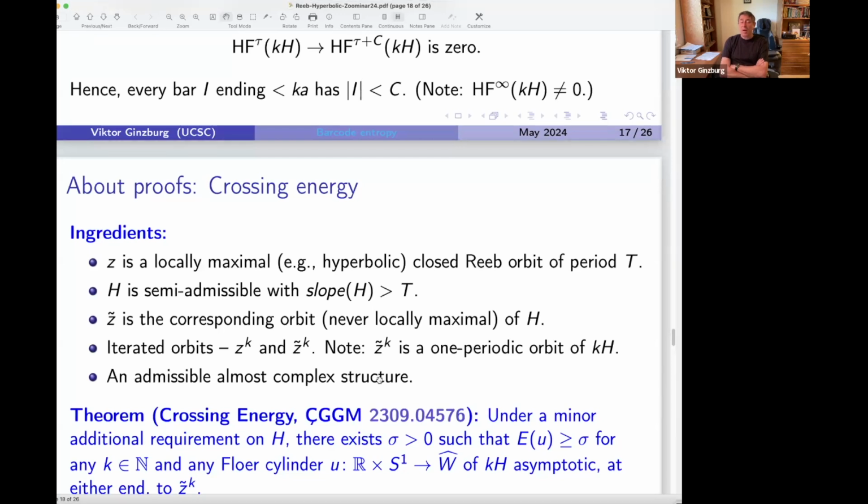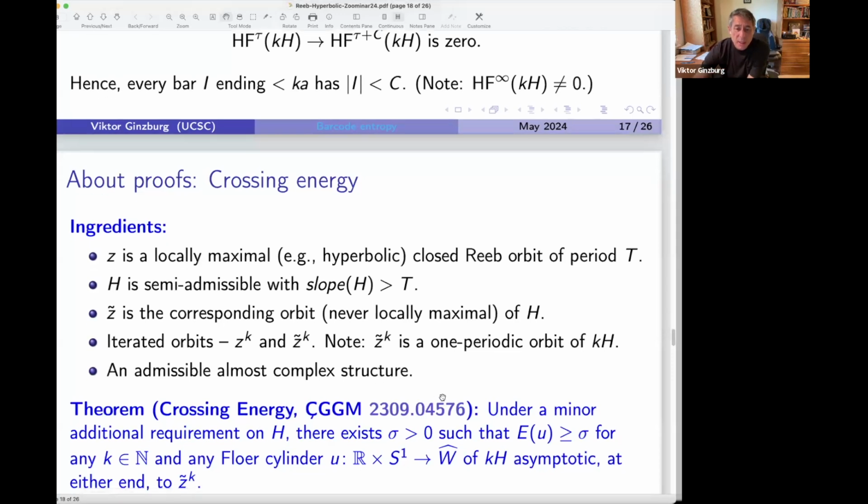And this lower bound is independent of the order of iteration. So to reach a locally maximal orbit, you need some energy. And this energy is bounded from below by something totally independent of the order of iteration. So, and this is for Hamiltonian diffeomorphisms.